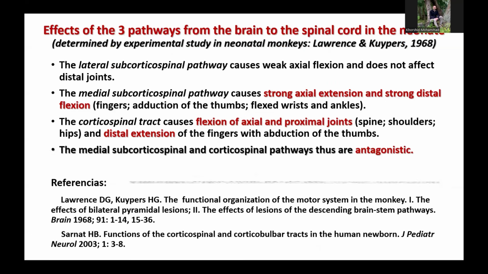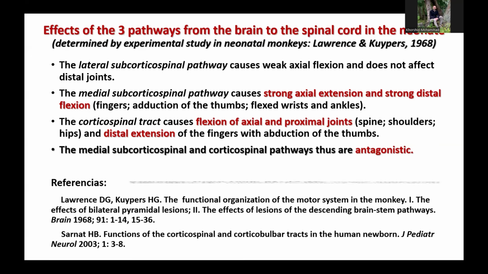And so to understand the effects of these pathways, the investigators who originally described the grouping of these pathways from the brainstem were Lawrence and Kuypers, with their original work published in 1968.